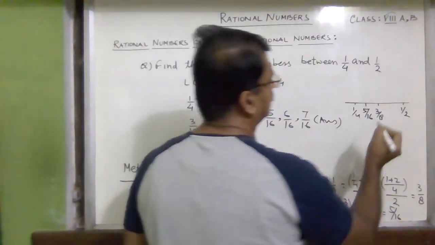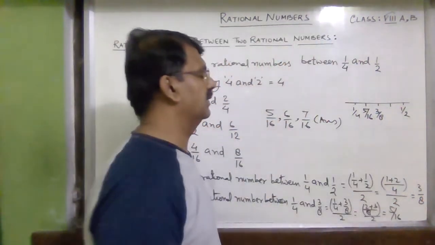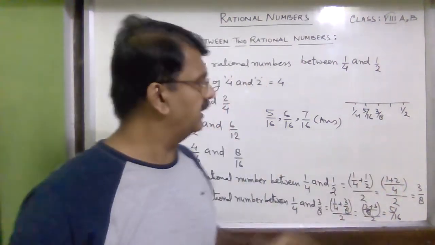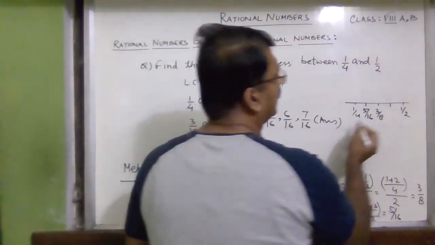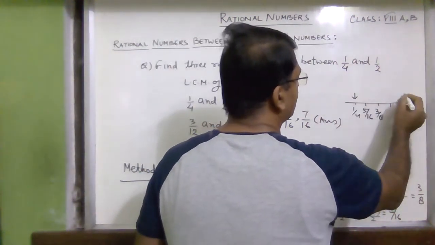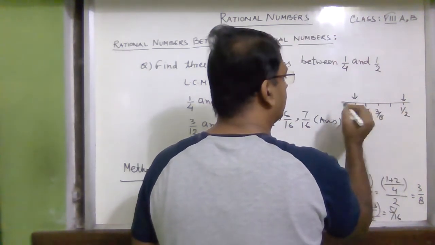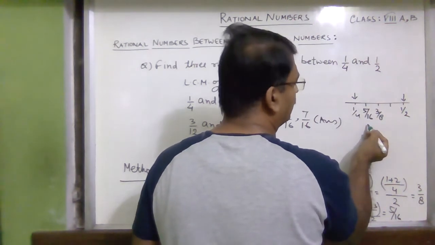And now to find one more, you will find the rational number between 3 by 8 and 1 by 2. Clear? Initially it was 1 by 4 and 1 by 2. First of all, we have found the rational number between these two, so that is 3 by 8. Now between 1 by 4 and 3 by 8, we have found 5 by 16.